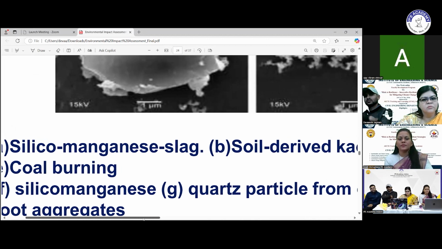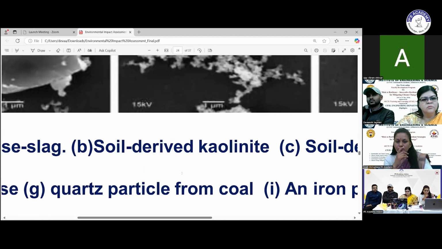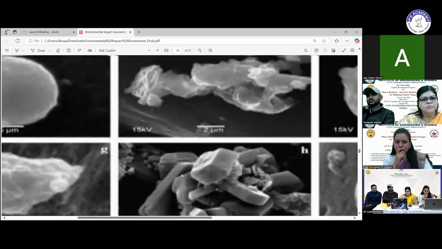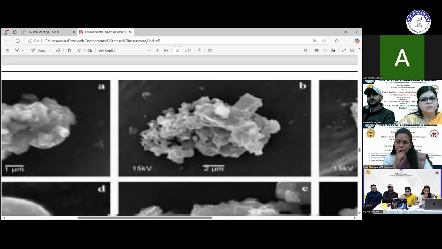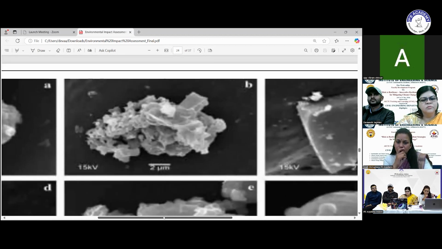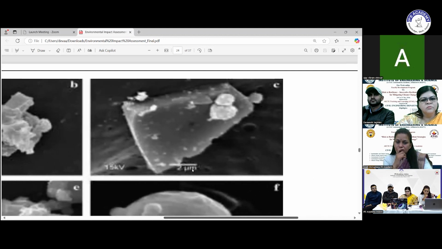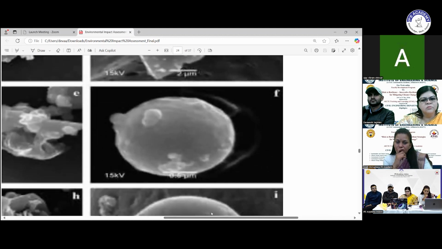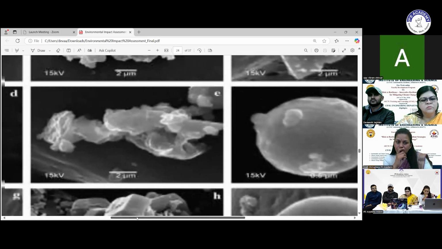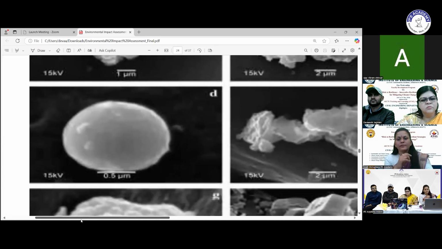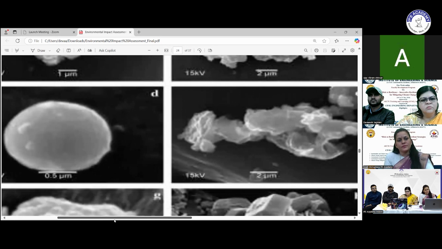Then you can see various A, B, C, D, E, F, G: quartz particle from coal, silico-manganese, coal burning. Only by this morphological property we can identify the sources of pollution. So this is a very important tool for researchers working in the field.